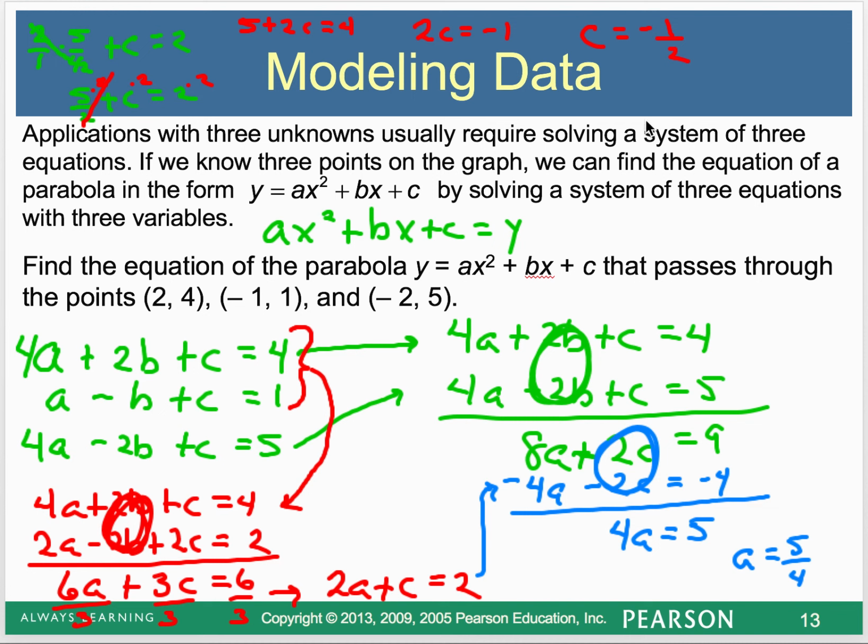There's a and c. Now we can plug back in right here and get b. Since we've run out of room and we kind of know what we're doing, I'm not going to go to the trouble to do that. But once you get a, b, and c, you plug in a, you plug in b, and you plug in c, and you have your quadratic equation that you were looking for.